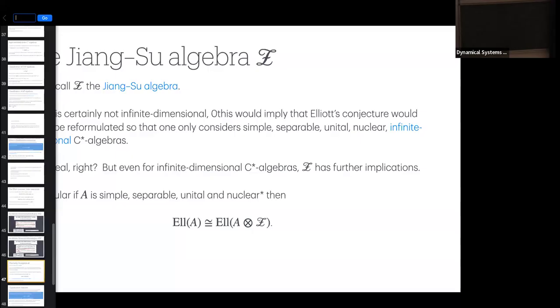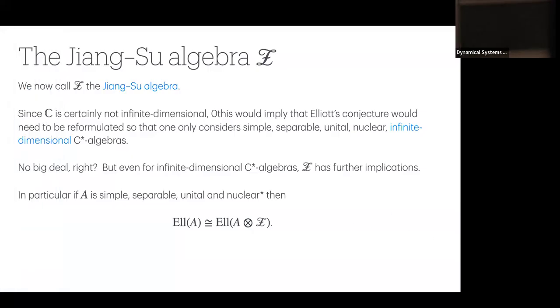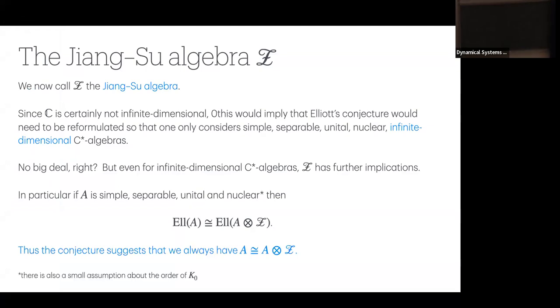Just as you might think, tensoring by C doesn't do anything at the level of the invariant, if we tensor by Z, nothing happens. These will have the same Elliott invariant in all these cases, with a little caveat on the order structure. So if the conjecture were to be true, then we would always have that A is isomorphic to itself tensored with the Jiang-Su algebra. And this turns out to not be true.